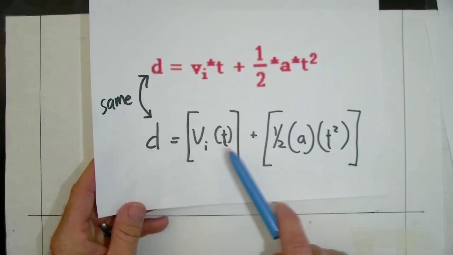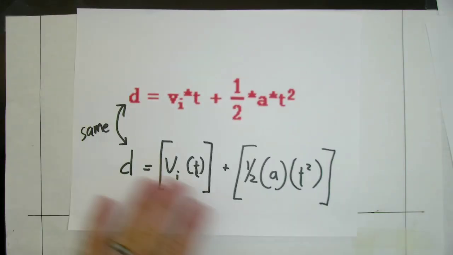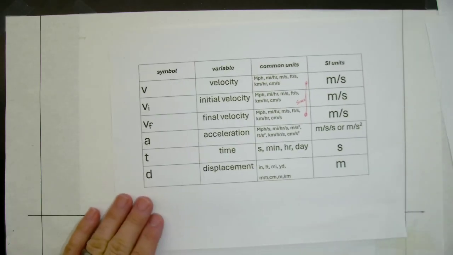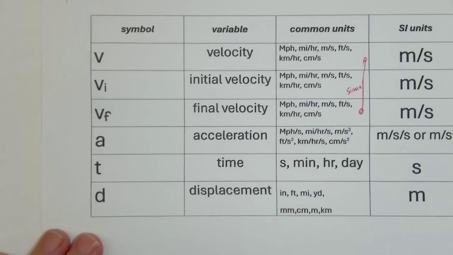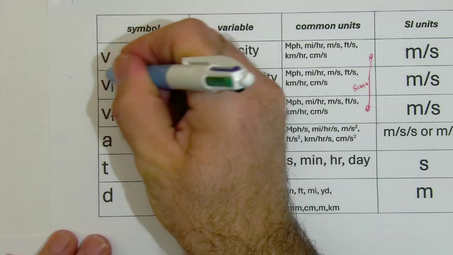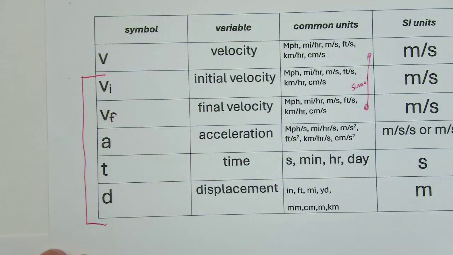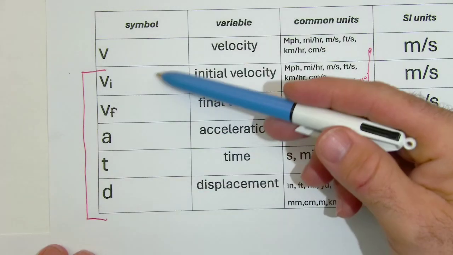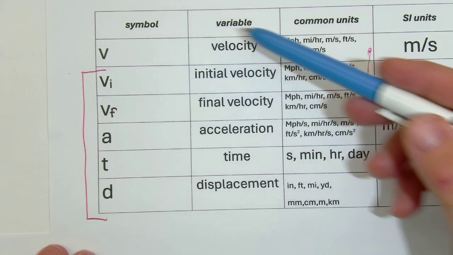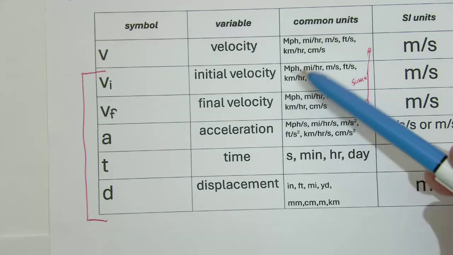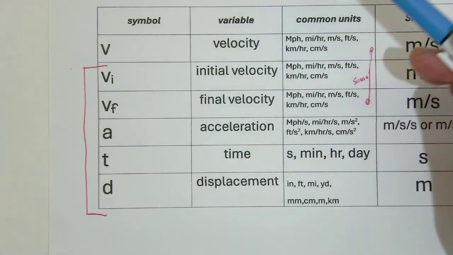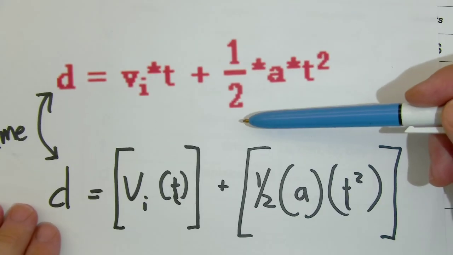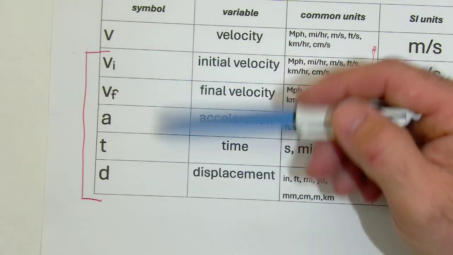It's also worth noting there's different equations here that have different variables. So when we look at this original table, we're primarily focusing on these 5 in the sense that the equations are all built from these 5. I include velocity in there just to help you see that it's just part of something we've already done. But these 4 equations that we just did, every one of them has 4 of those 5.